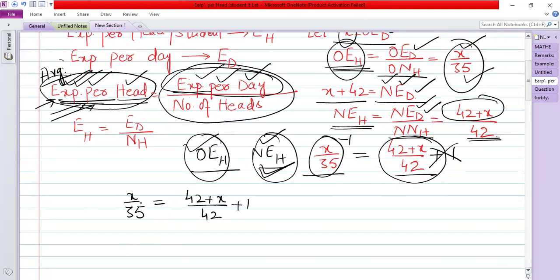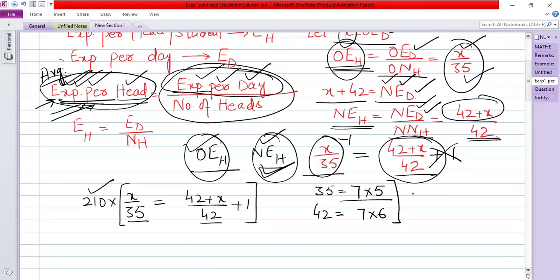Now to solve, I will multiply the two sides by 210. What is this 210? It is nothing but the LCM of 35 and 42. What is 35? It is 7 into 5. And 42 is 7 into 6, or 7 into 2 into 3.